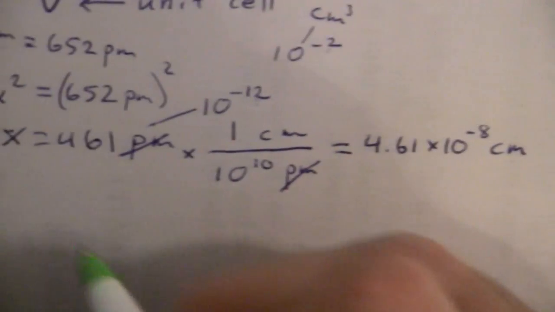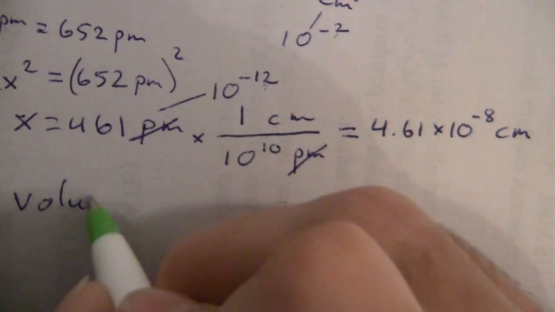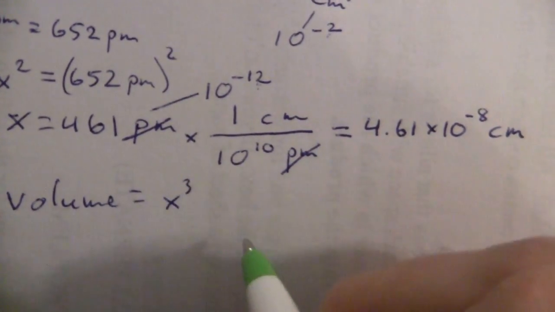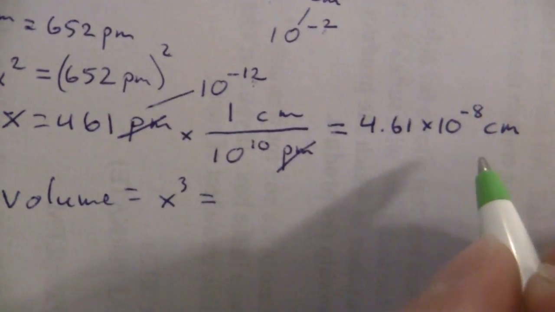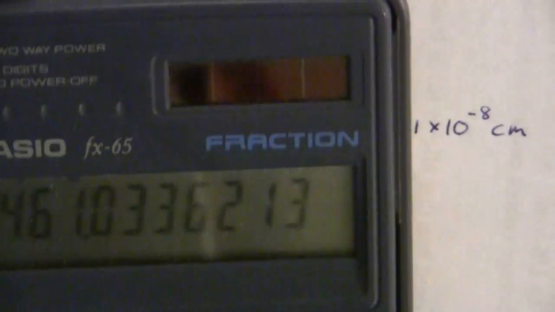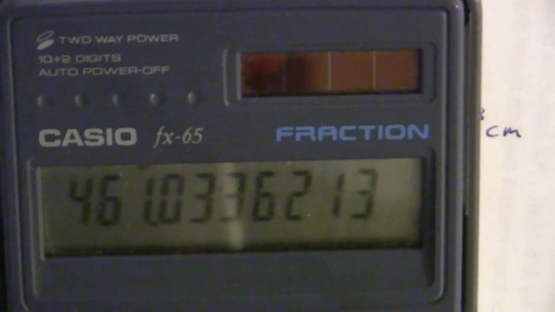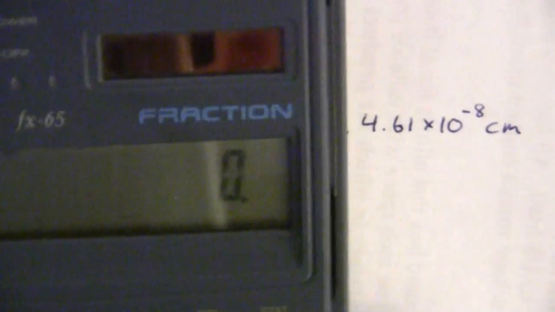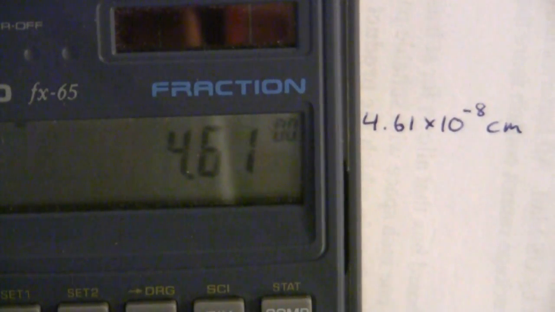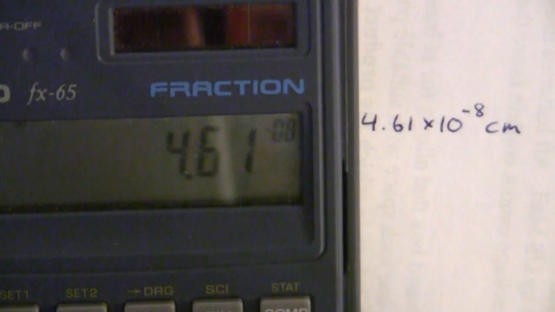Now let's calculate the volume, which is going to be x cubed, this value cubed. Let me take this number, 4.61 exponent negative 8th, and cube it.